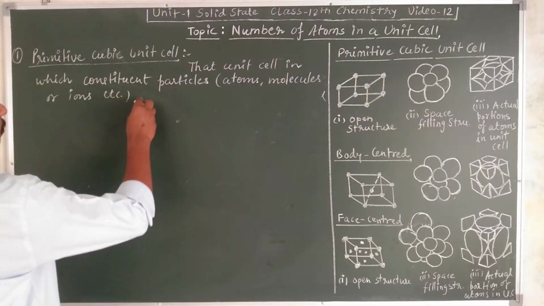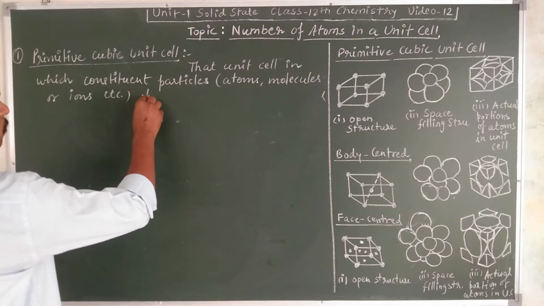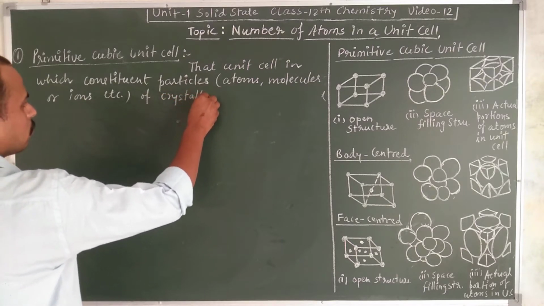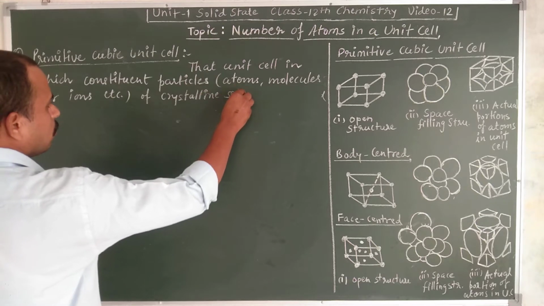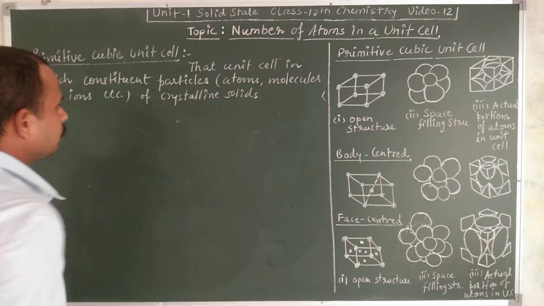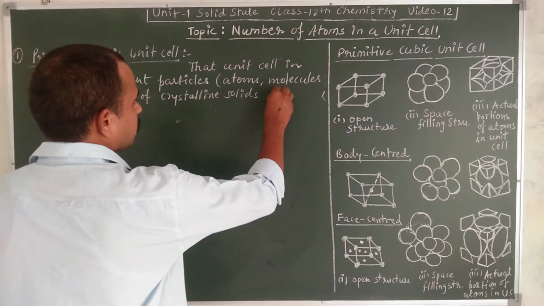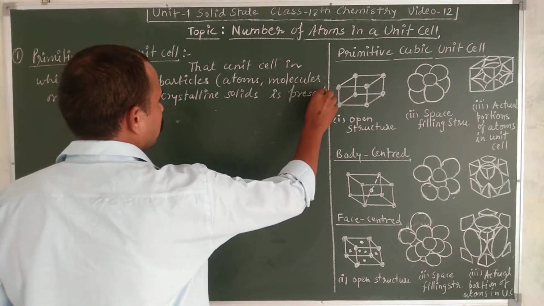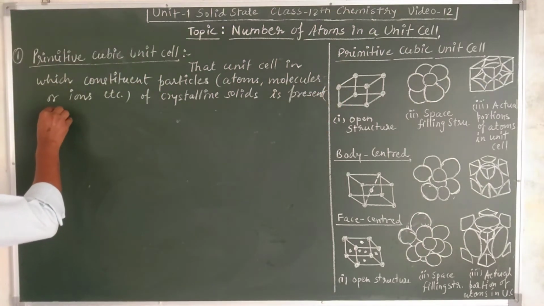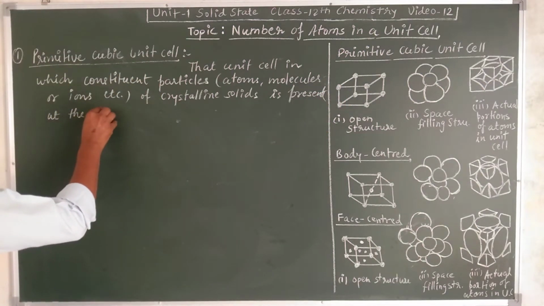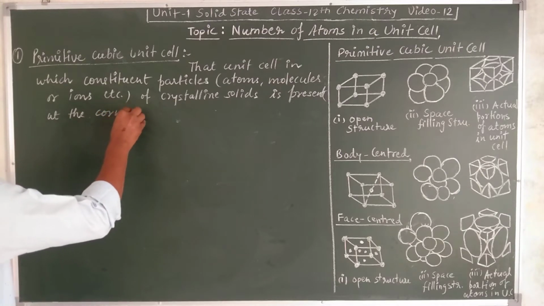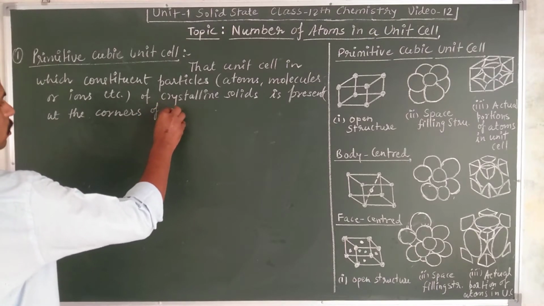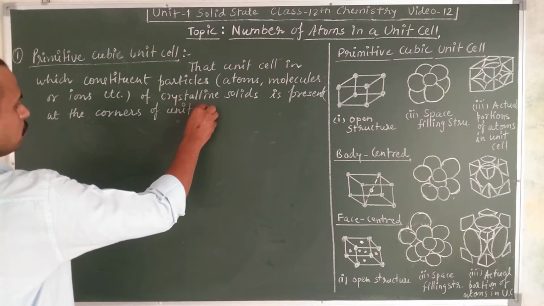Which constituent particle of crystalline solids is present at the corners of the unit cell?